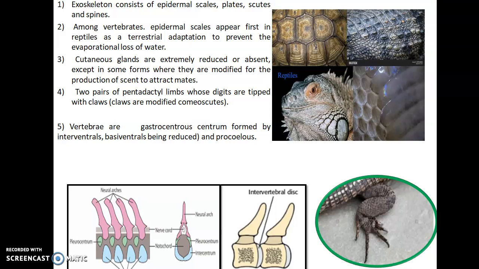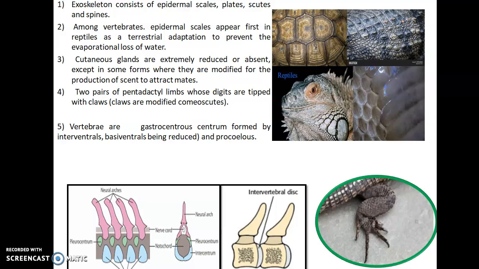Yes, amphibia. In amphibia, the skin is not as rough as in reptiles; it is only a loose fold of skin. But in Reptilia, the body is very rough. So among vertebrates, they adapted to reduce excess evaporation of water.